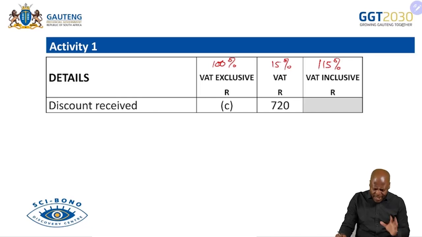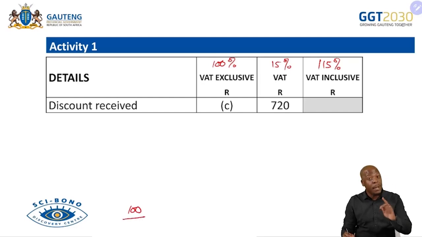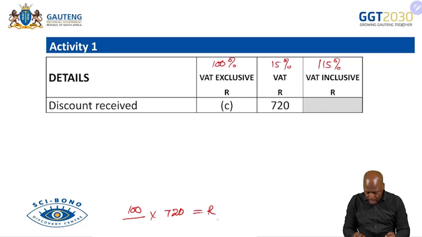Let's see now. What is it we want? We want C. C is 100. We want 100. What do we have? You have two values. And what we have is 15, multiply by 720. And then, how much do I get? Please punch in the calculator. Give me the figure. I'm waiting. Thank you.